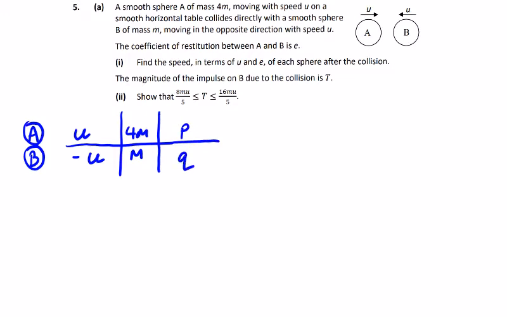So conservation of momentum: 4m times u minus m times u is equal to 4m times P plus m times Q. Dividing by m and simplifying, we're going to get 4P plus Q is equal to 3u.